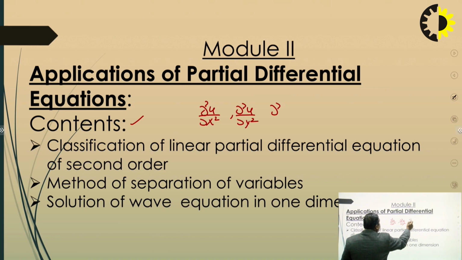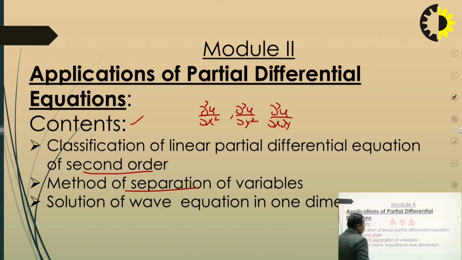Del square u over del x del y, second order. Two variables. With the help of separation of variables, we shall try to find the solution of wave equation in one dimension. That means we shall calculate the solution with examples of wave equation of one dimension.